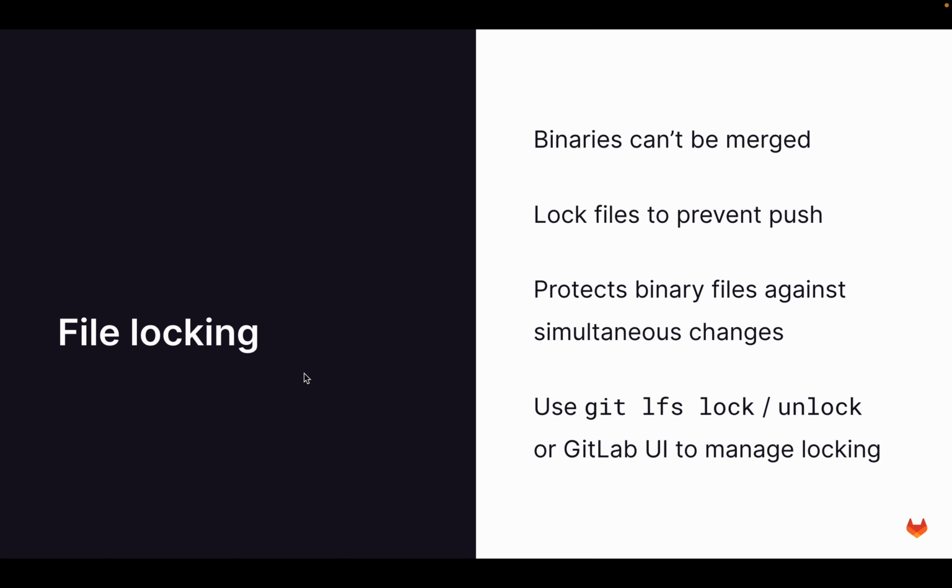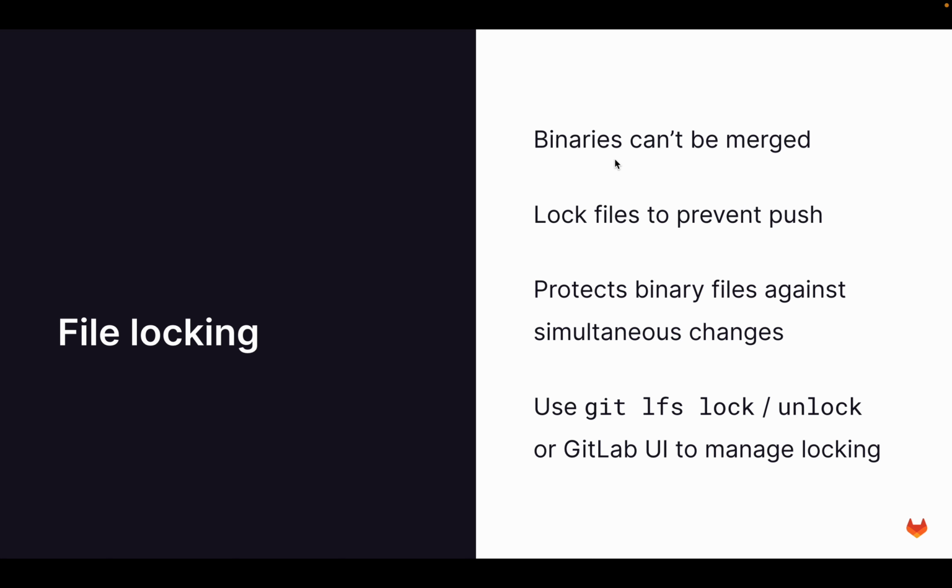But with Git LFS, what you can also do is lock files. File locking means that you can't see the diff, so if you want to merge and you have diffs, then you need to resolve merge conflicts. Now, that's not possible with binary files, so you therefore want to lock them sometimes.